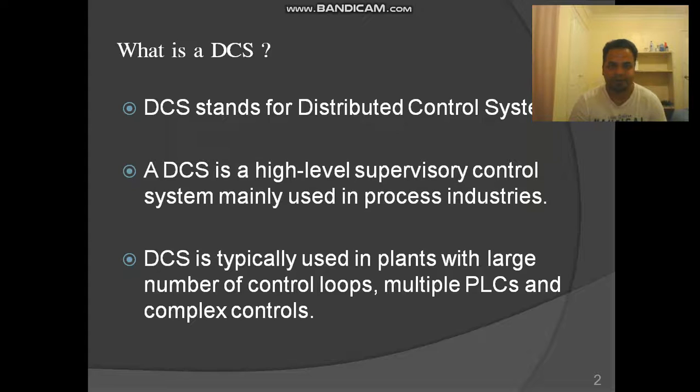But it's a really reliable system, and it is used in the majority of industries. Its function is basically controlling the PLCs across a wide range, sending and receiving the data, and monitoring and controlling them. That's the basic purpose and introduction of DCS.